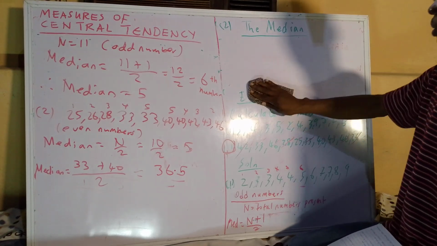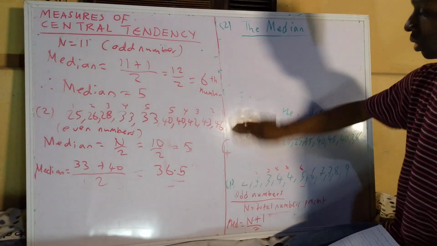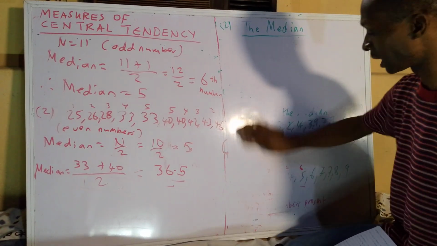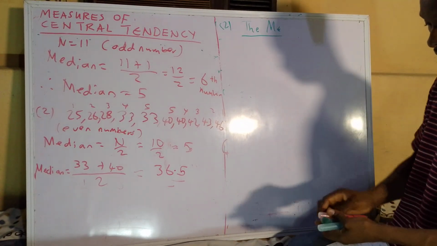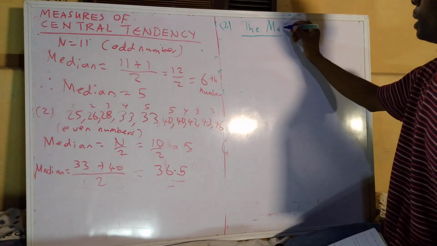So we'll go to the third measure of central tendency, and that is the mean.